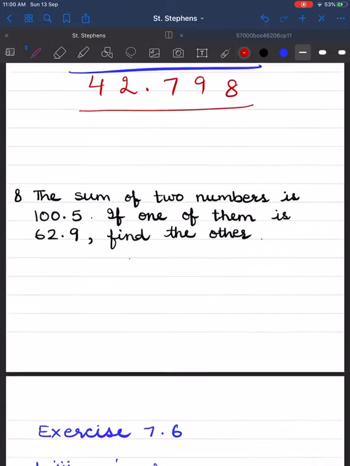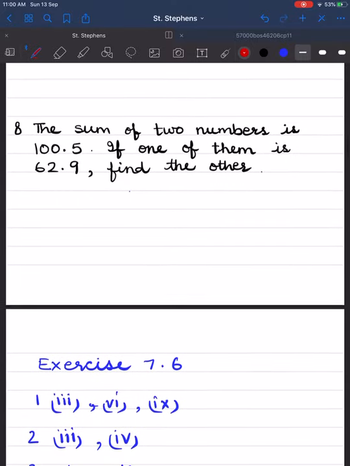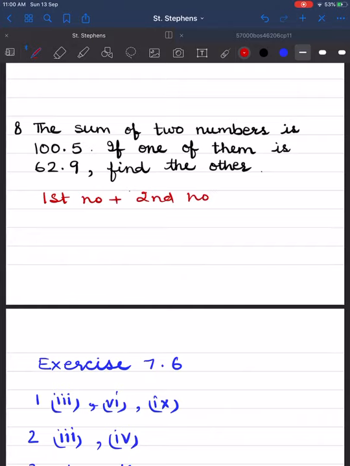Question 8. The sum of two numbers is 100.5. If one of them is 62.9, find the other. So here we are given the sum of two numbers. So first number plus second number is equal to 100.5.